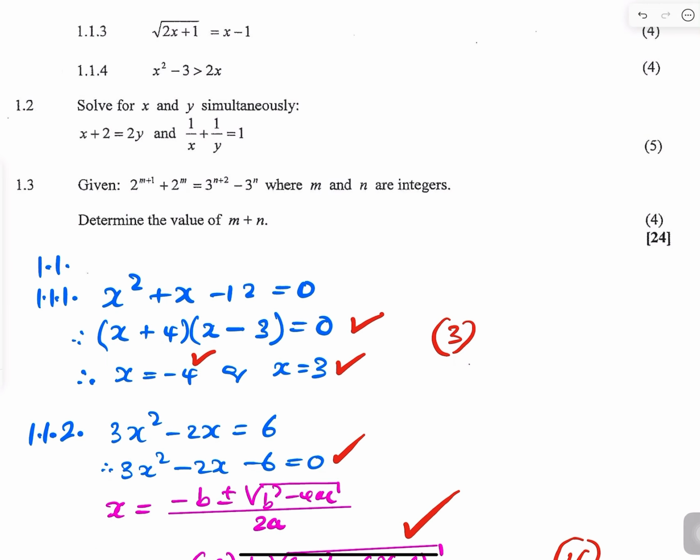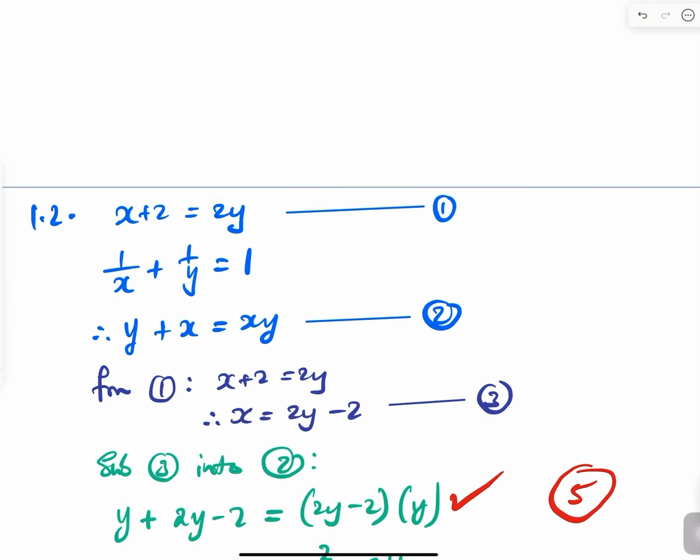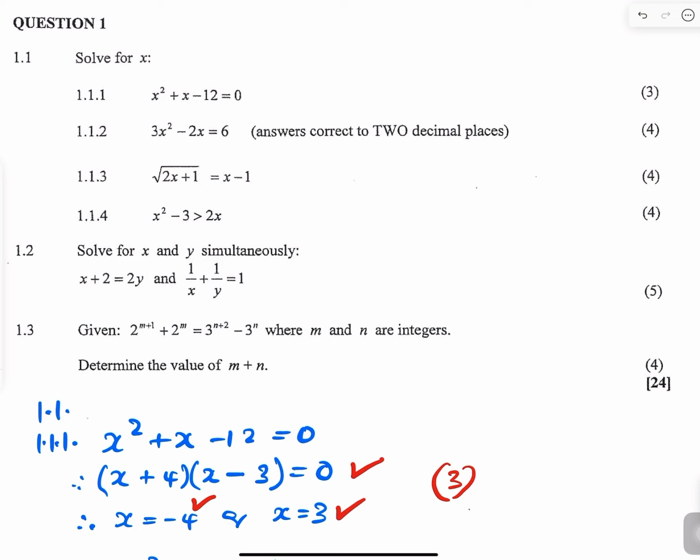Given 2 to the power m plus 1 plus 2 to the power m is equal to 3 to the power n plus 2 minus 3 to the power n, where m and n are integers, determine the value of m plus n. Okay, so let's write that down. That is 1.3. Let's confirm that. You have 2^(m+1) + 2^m = 3^(n+2) - 3^n.